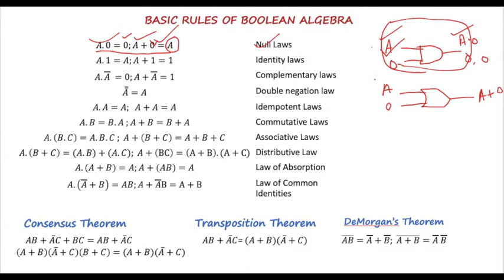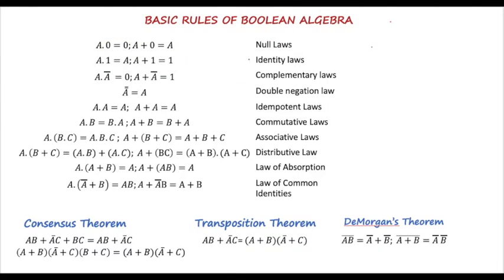So if A equals 0, then the output will be 0. If A equals 1, then the output will be 1. That is, when this is 0, the output will be 0. When this is 1, the output will be 1. So here you can see in the second relation, the output will be the variable.